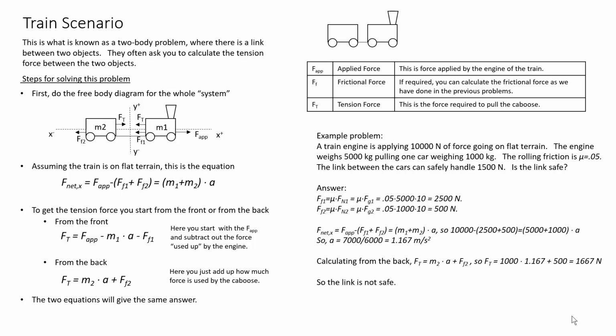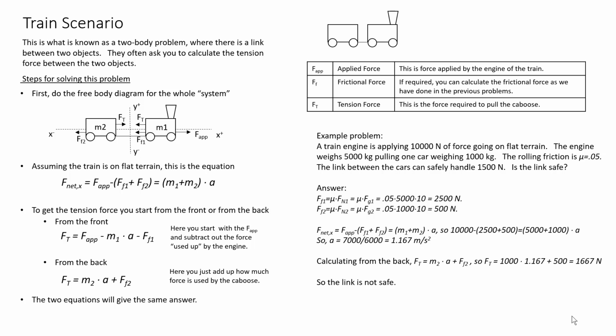Okay, so this is it of the whole train, and we have the applied force plus the frictional force for each car, and then we have the tension force, which is both the force experienced by the engine pulling the caboose, and it's also the force experienced by the caboose being pulled. And the two tension forces are equal, and they cancel out.